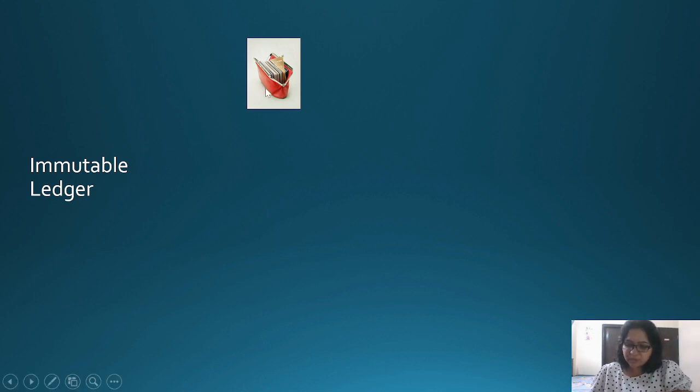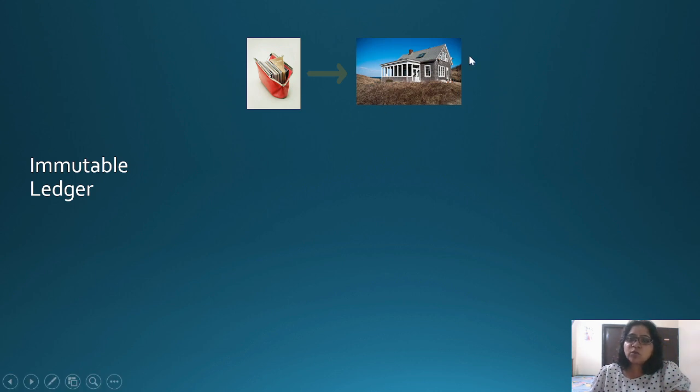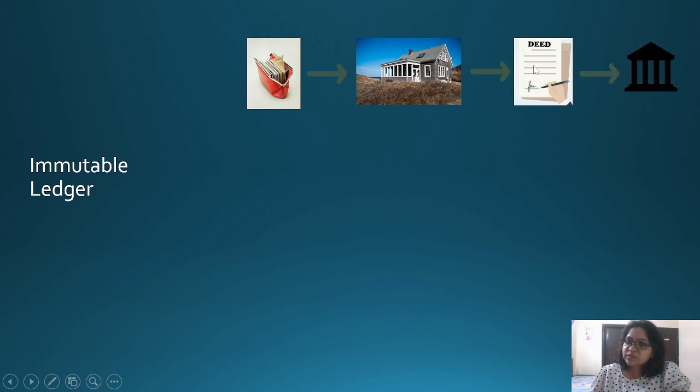Suppose you have money with you. Then what are you going to do? Suppose you are going to purchase a house with that money. To purchase a house, you are going to sign a contract with the government authorities that yes, this house belongs to you. And once this is done, this house is actually yours, right?